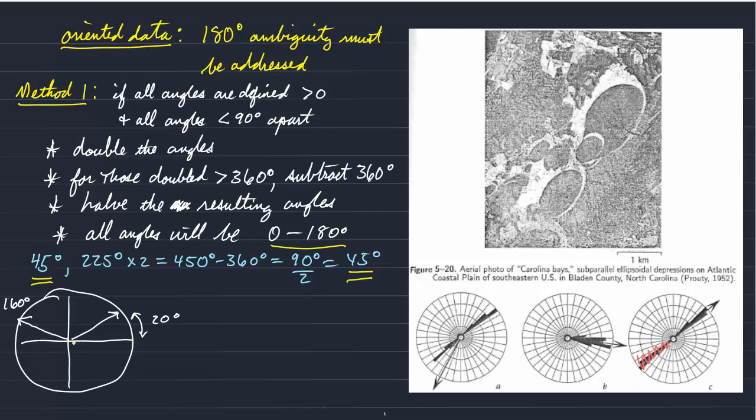But in reality, what we really want is to define the angle that, by either flipping it 180 degrees, would minimize the difference between the orientations. So if the angles are not all positive and the spread is greater than 90 degrees, then we have to use method 2.